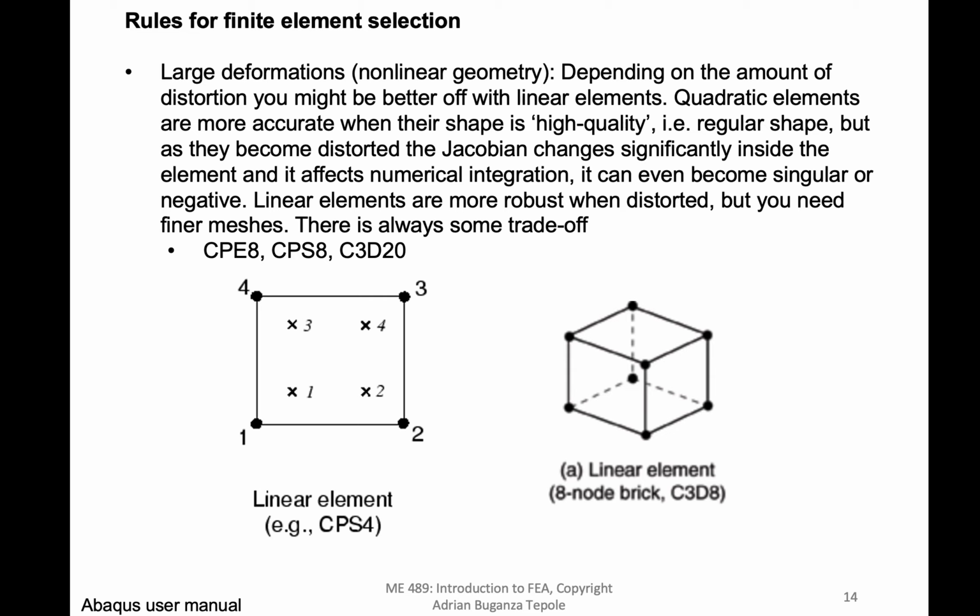That's just, again, something to keep in mind. The quadratic elements will work really well when you have some deformation but just not distorted elements. That's the problem with the quadratic elements, the level of distortion of the elements. Again, linear elements are more robust when distorted, but you need finer meshes. So there's always some trade-off.